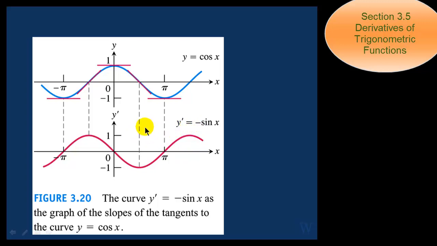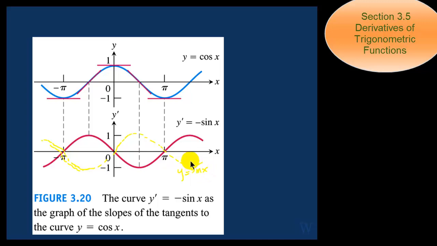Because recall that the graph of sine x looks like this. Somewhere like that. And on the other side it goes this way. And so we see that this is the graph of y equals sine of x.